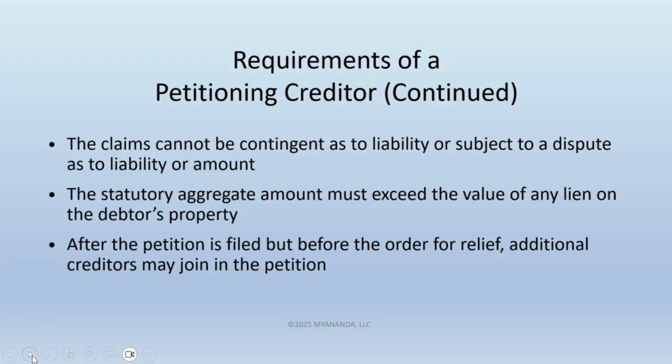So the debtor needs to be upside down in theory, so that the claims total at least the statutory amount, and that must exceed the value of any lien on the debtor's property. After the petition is filed, but before the order for relief, additional creditors may join the petition.